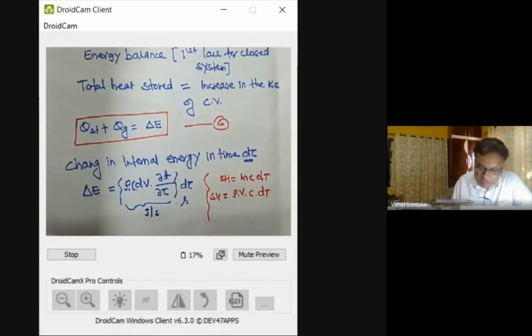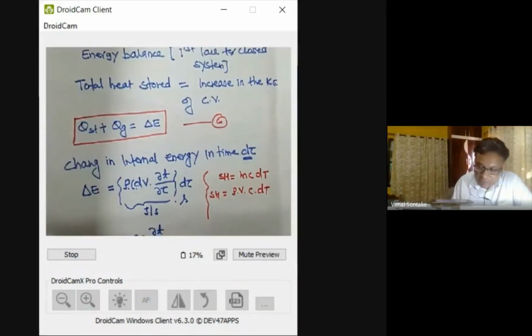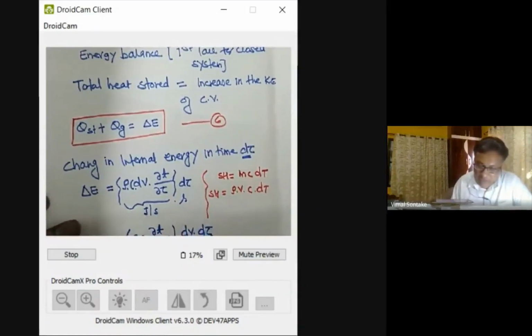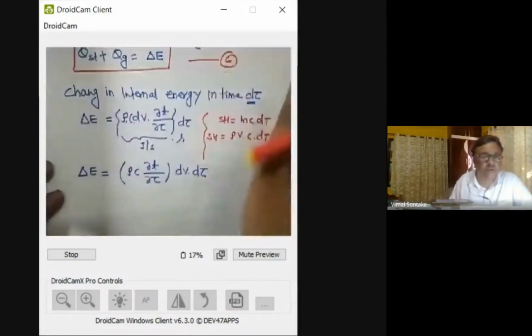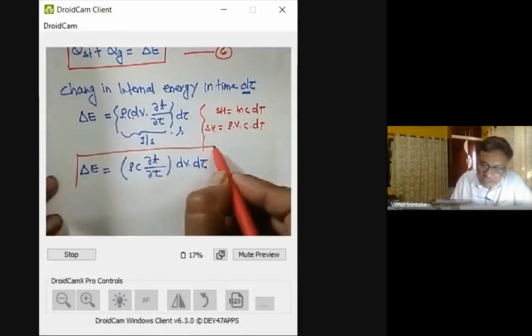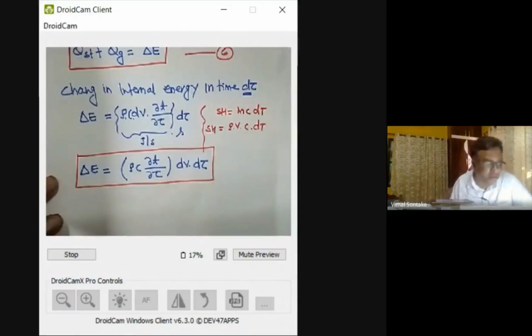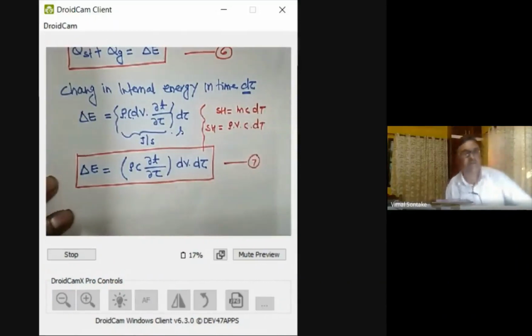Further simplification will give me delta E as rho into C del T over del tau multiplied by dV into d tau. So this is the expression of the amount of change in internal energy. Let's say this is equation number 7.